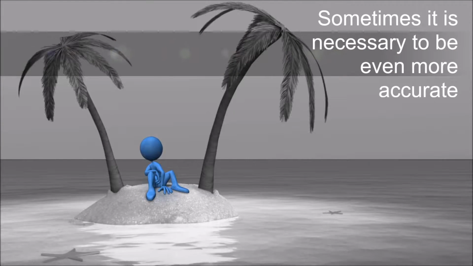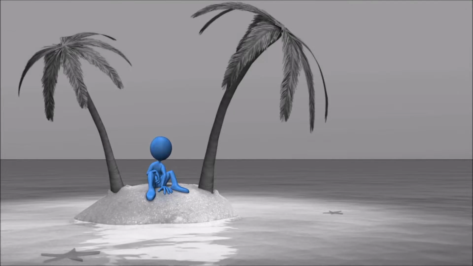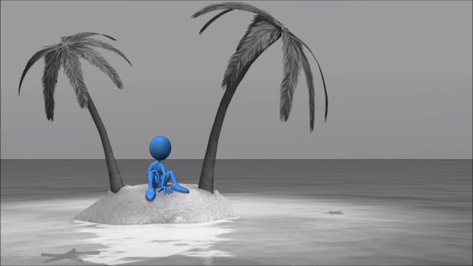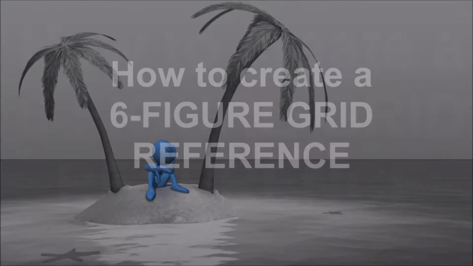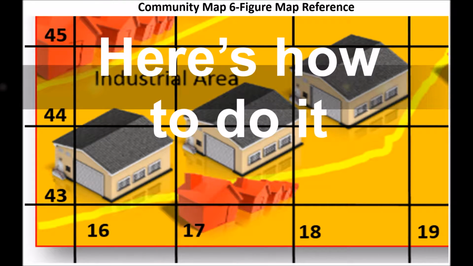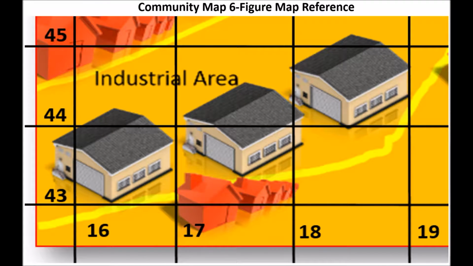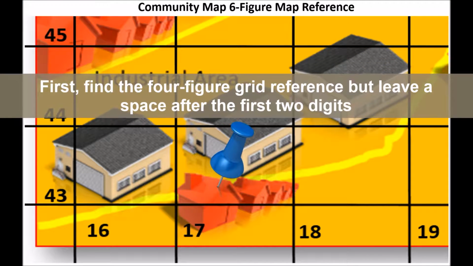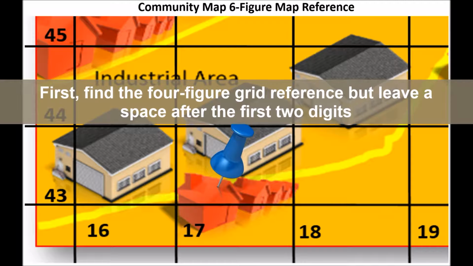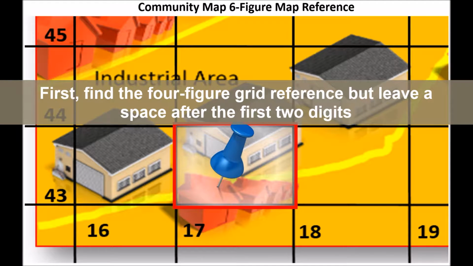Sometimes it is necessary to be even more accurate. How to create a 6-figure grid reference. Here is how to do it. First, find the four-figure grid reference but leave a space after the first two digits.